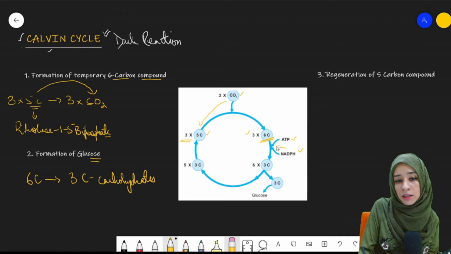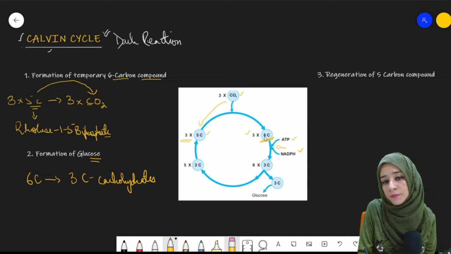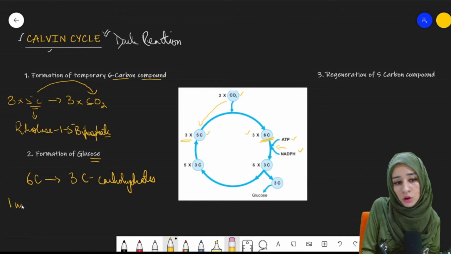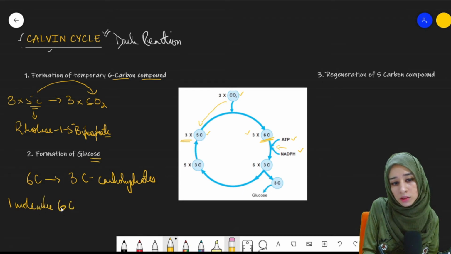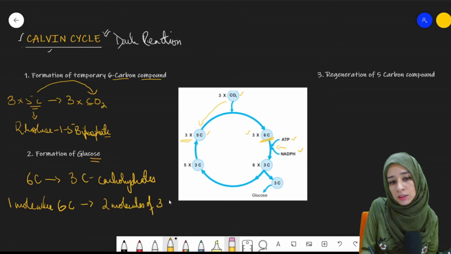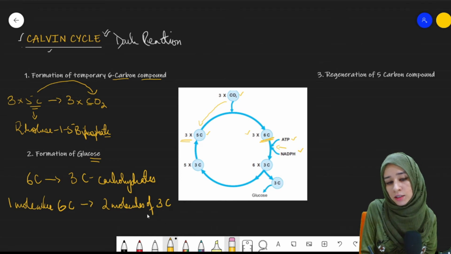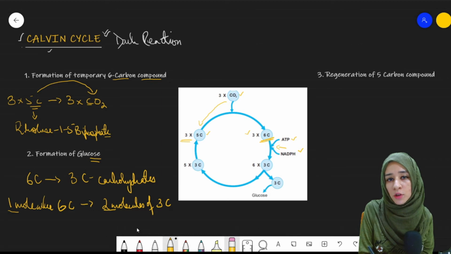It's a tricky part. Now let's see. One molecule of 6-carbon compound will split into 2 molecules of 3-carbon carbohydrates, right? One molecule is splitting into 2 molecules of 3-carbon carbohydrates.